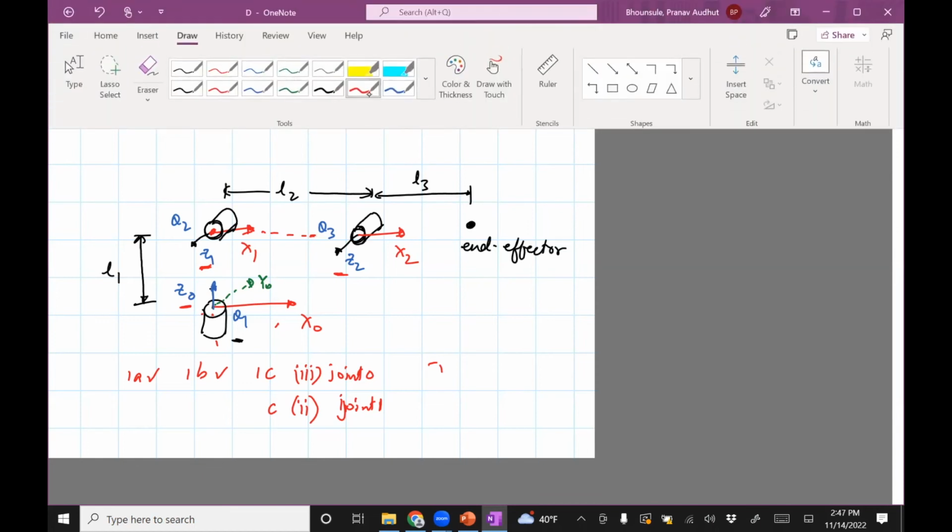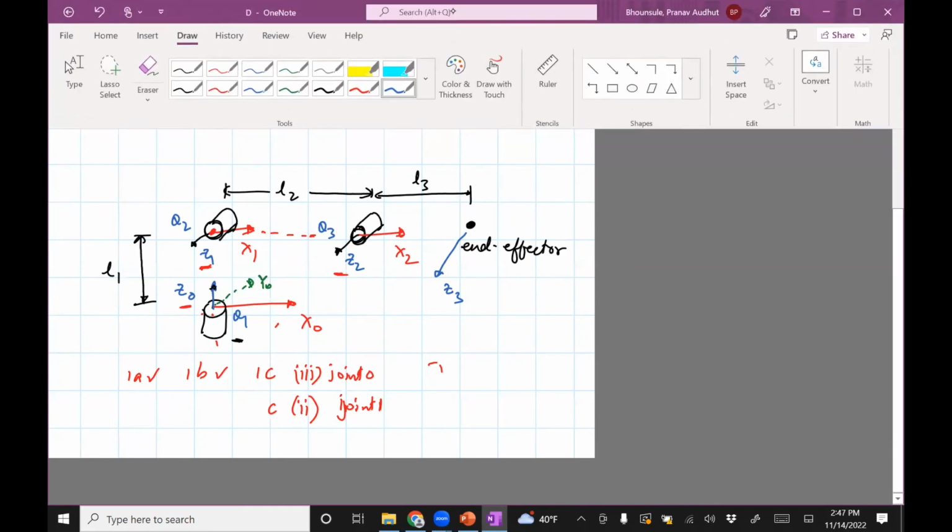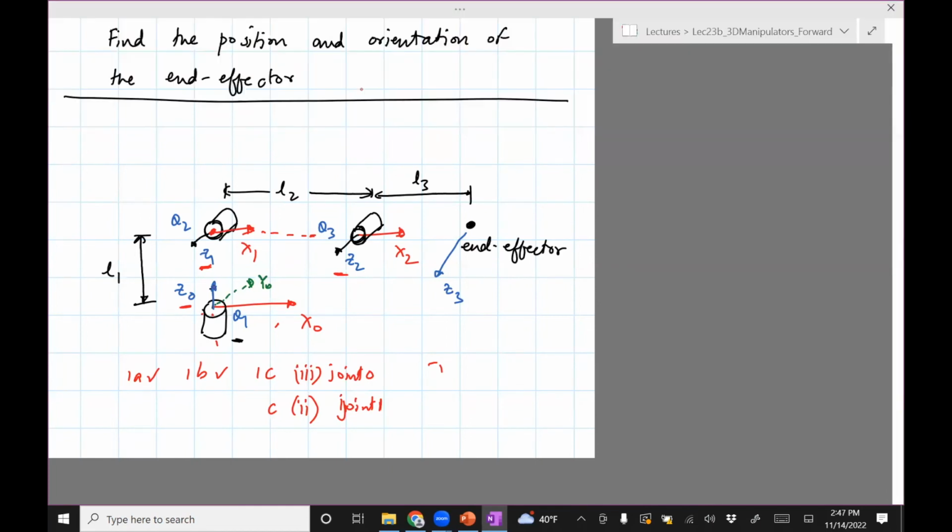So we'll attach Z3 in the same direction as Z2. And then we'll go back to this C and figure out what is the relation between Z2 and Z3. Z2 and Z3 are parallel to each other, which means that there are infinitely many perpendiculars. We choose the perpendicular which passes through the origin of the previous link. And so we need to put x3 in this.